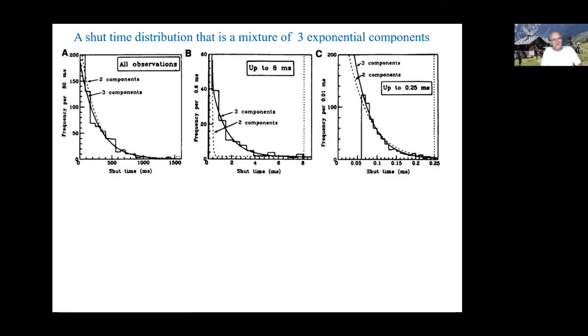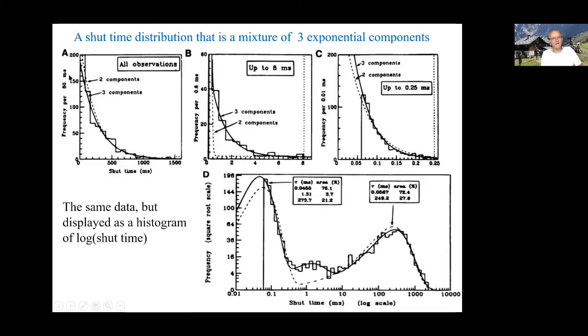And you can see that the long shut times are fit reasonably well with an exponential, except that there's a big excess in the first bin there. And to see what's happening with the short shut times, you have to plot it on a much expanded time scale. This goes up to only 1/4 of a millisecond, and you can see that there are many short shuttings which weren't very obvious from the first plot.